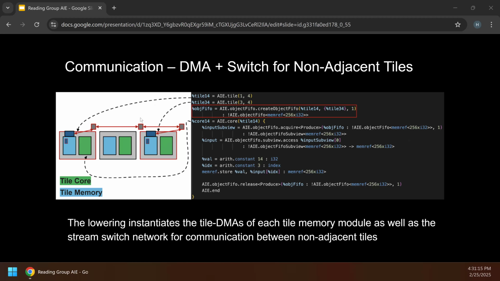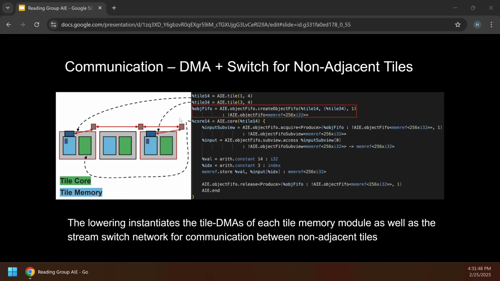So for the middle one, the routing process still needs to set some information for these intermediate tiles, to access or allocate the switch box belonging to these tiles.